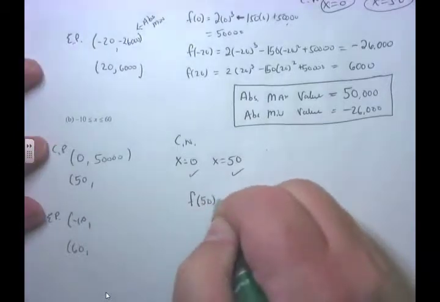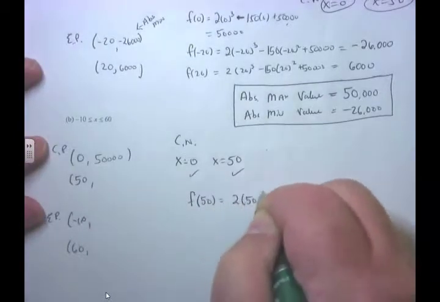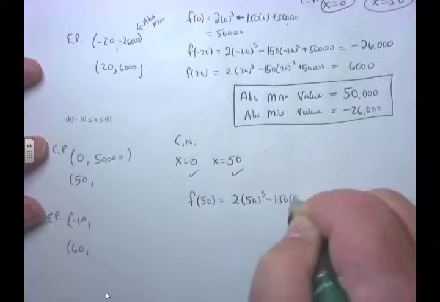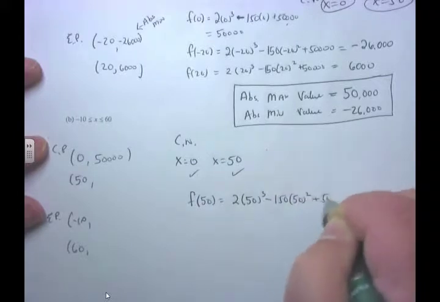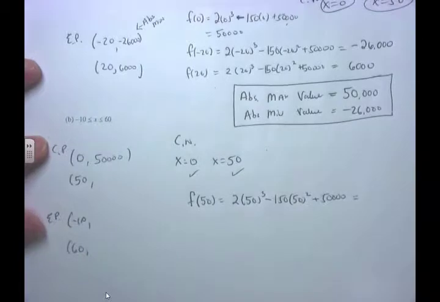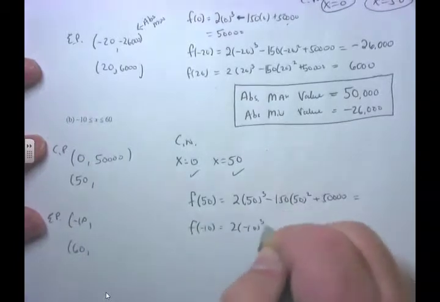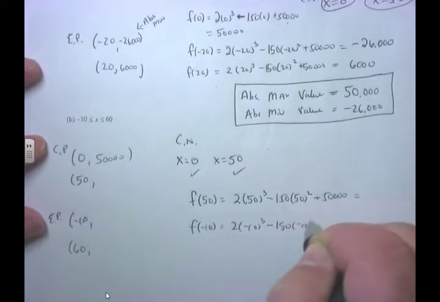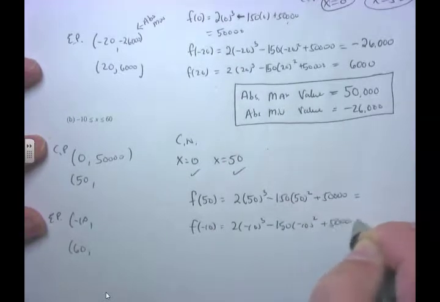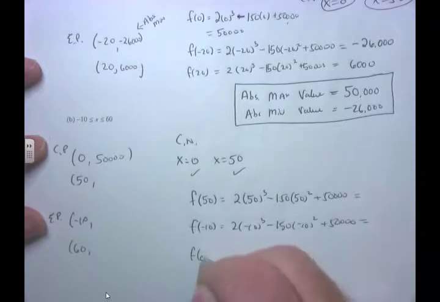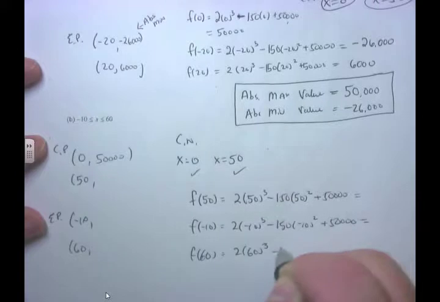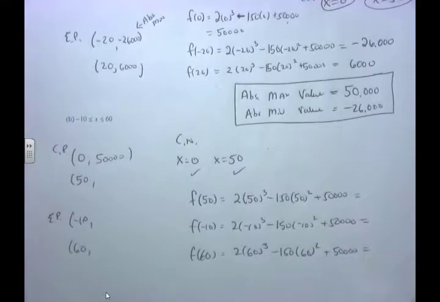F of 50 would be 2 times 50 cubed minus 150 times 50 squared plus 50,000. We'll crunch him out in a second. F of negative 10 is 2 times negative 10 cubed minus 150 times negative 10 squared plus 50,000. We'll crunch him out in a second. And F of 60 is 2 times 60 cubed minus 150 times 60 squared plus 50,000.